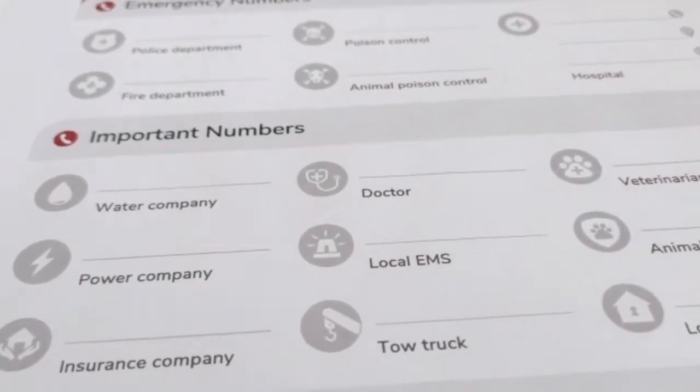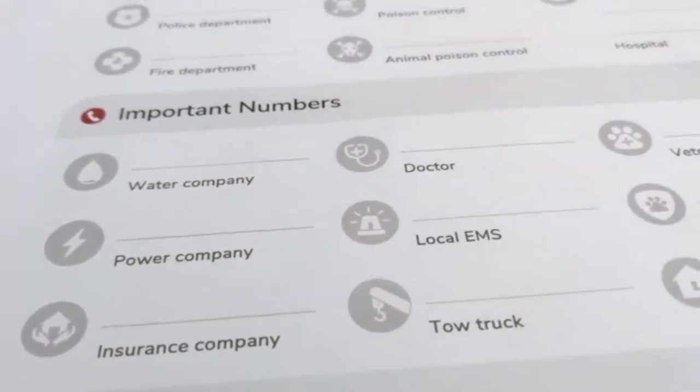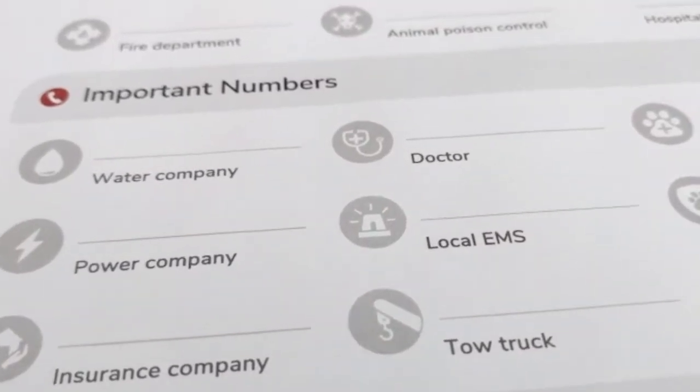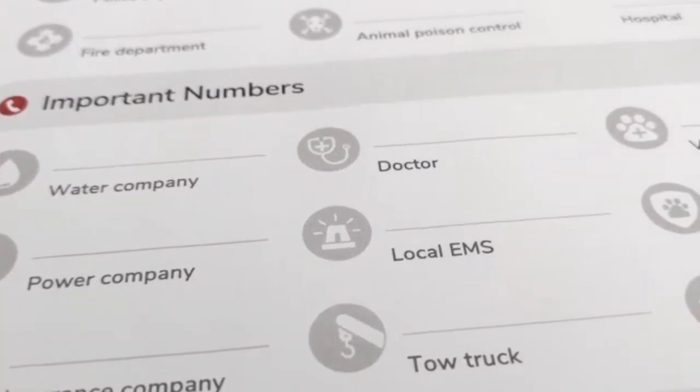And then you want to have your doctor on here, in case of non-life-threatening emergencies, if you just wanted to make an appointment to see your doctor, or if there's a concern that you have, you can call them.